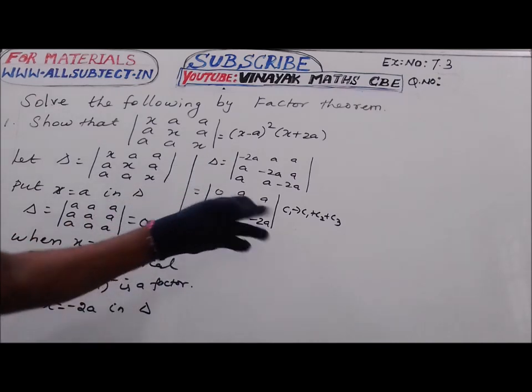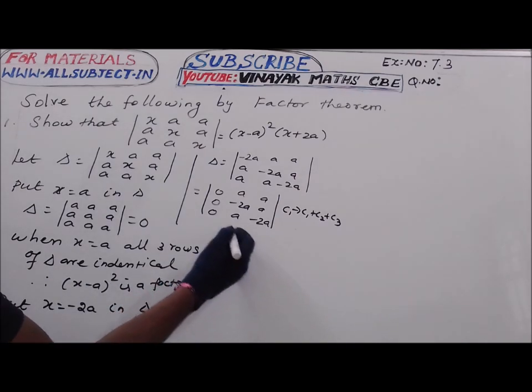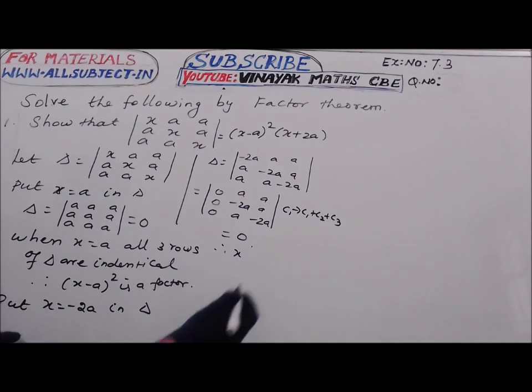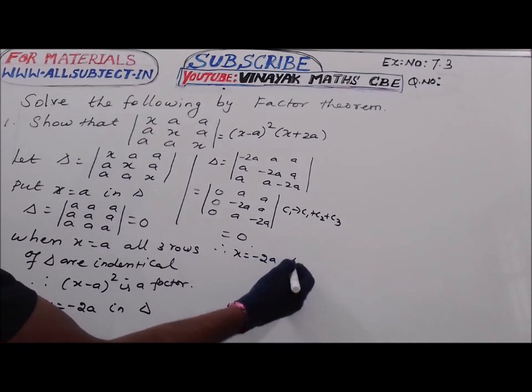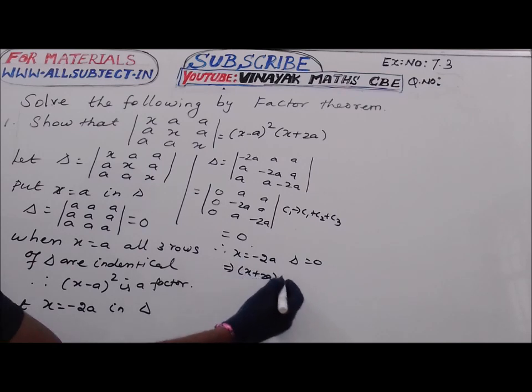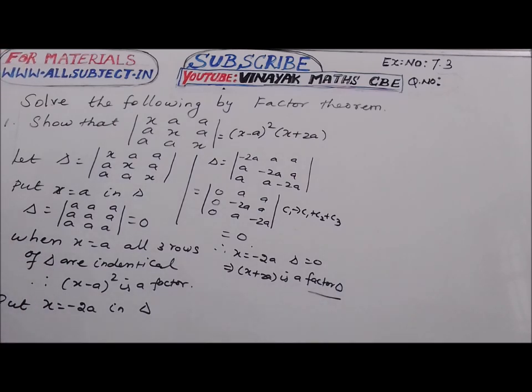Now, in the determinant, if an entire row or column has 0 entries, then its determinant value is 0. Therefore, when x is equal to minus 2a, delta equal to 0, which implies x plus 2a is a factor of delta.